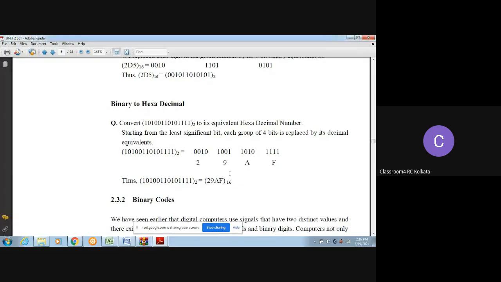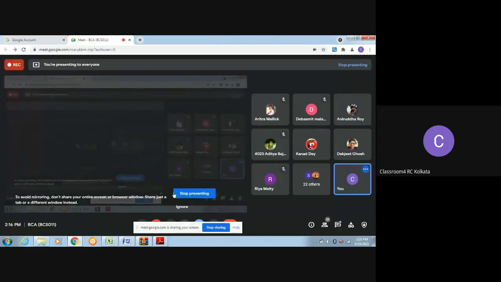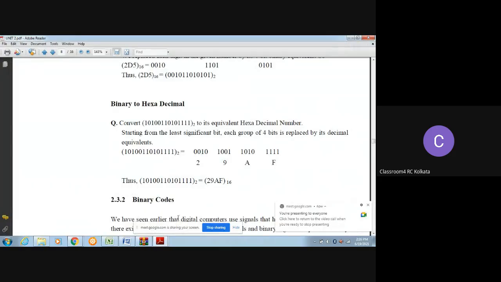After the decimal point you have minus 1, minus 2, minus 3 in this way, right? So here it is 4 into 8 to the power of minus 1. Before the decimal is 3, so what will be the value? 3 into 8 to the power of 0.